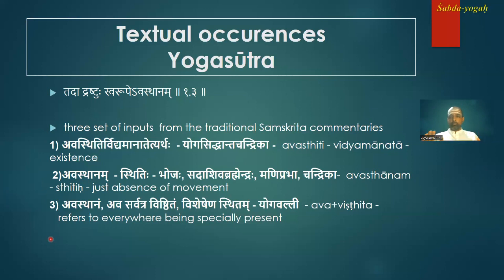So that which is especially present, the consciousness, which is present everywhere, is indicated by Avasthanam. So it is very interesting to note that the commentators see the meaning of the word Avasthanam as existence or just absence of movement or just being present.